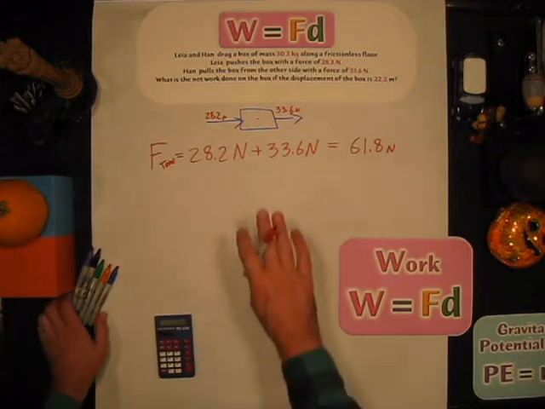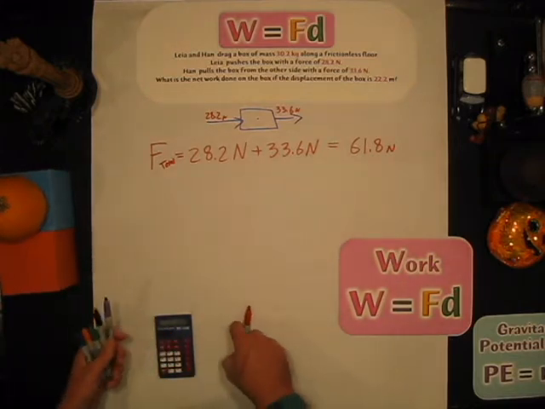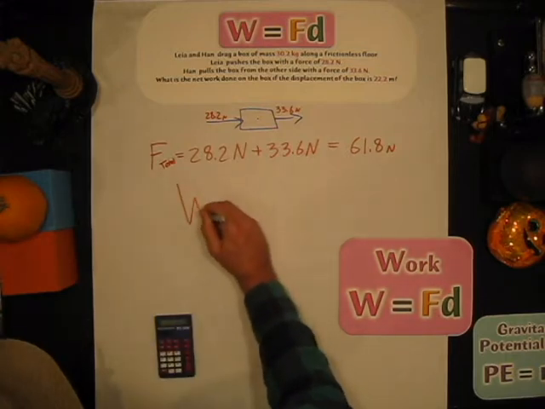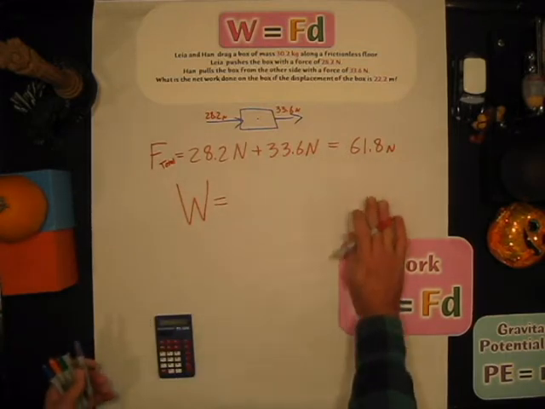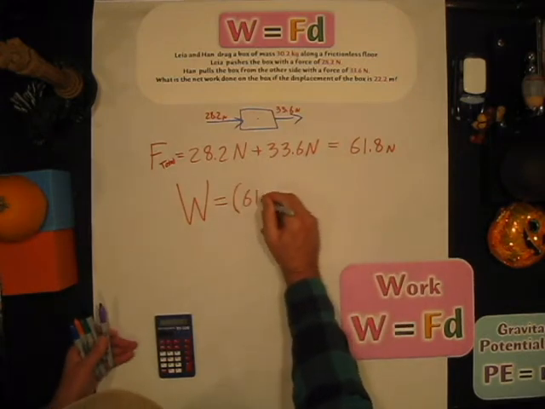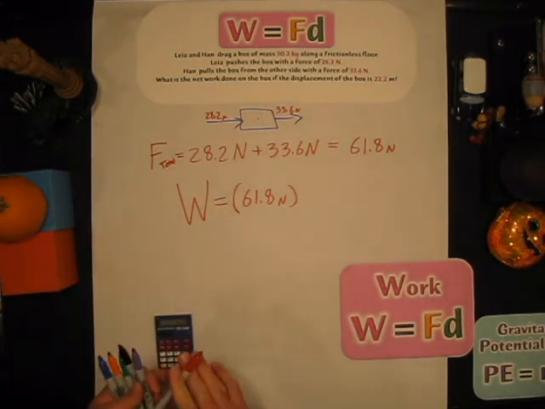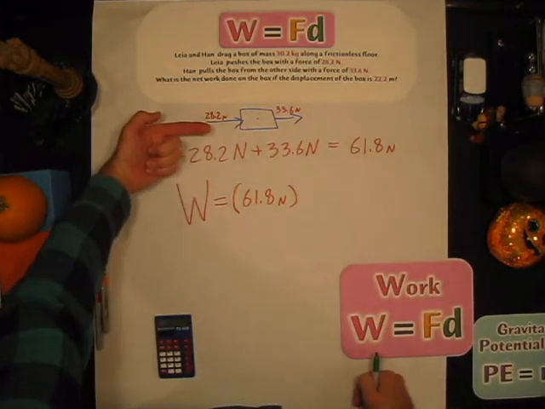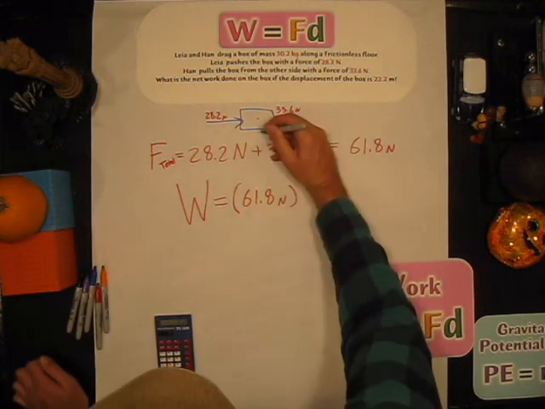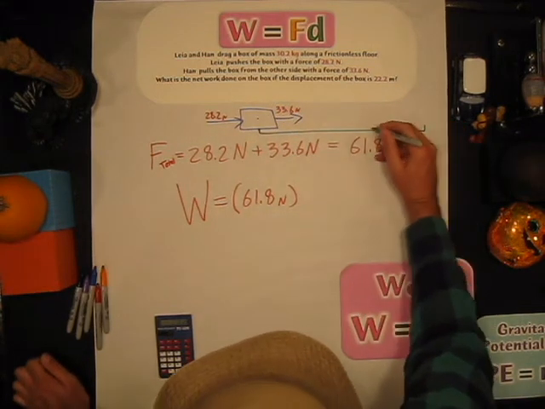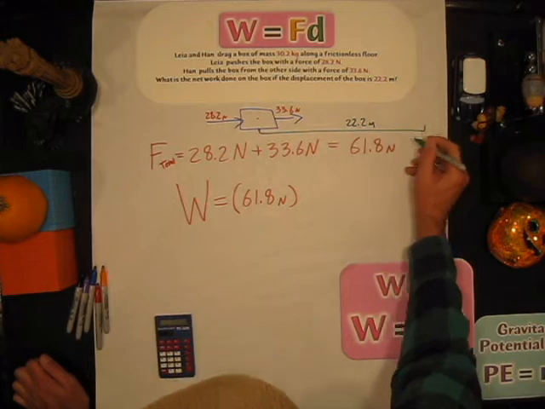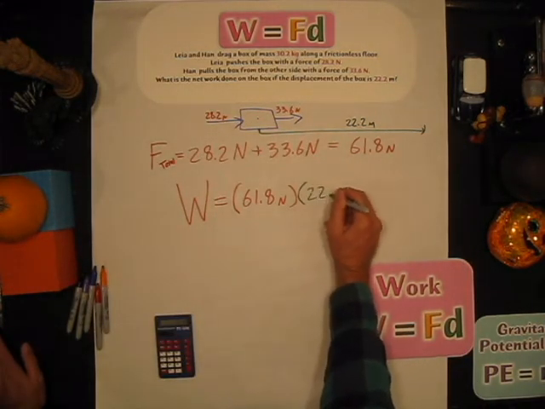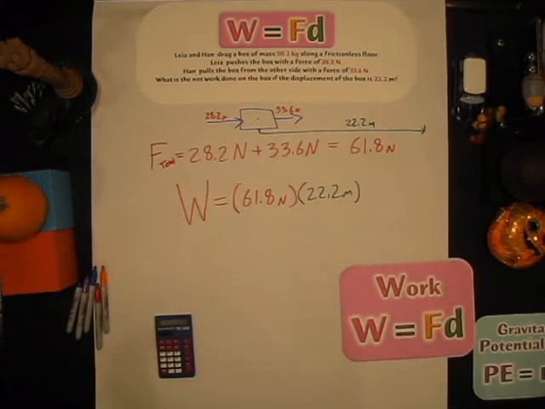Then if work is FD, then why don't we just have W equals, well, there's my force, 61.8 newtons, positive newtons, times the displacement. So don't you think the box is going to be moving that way? And if it moves from here 22.2 meters that way, that's a positive displacement. So 22.2 meters.